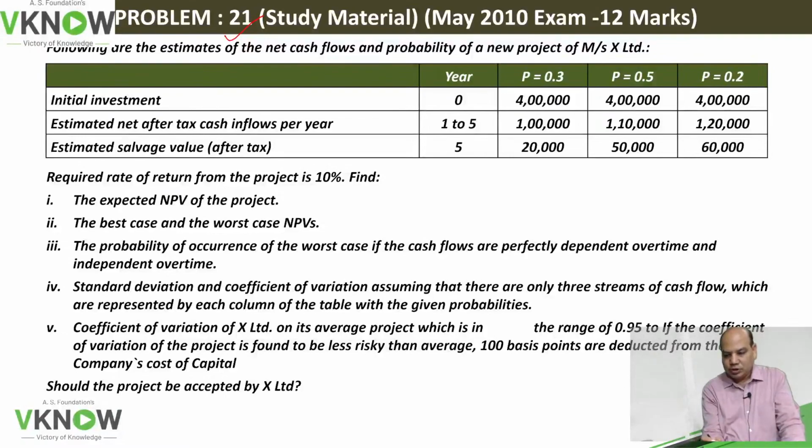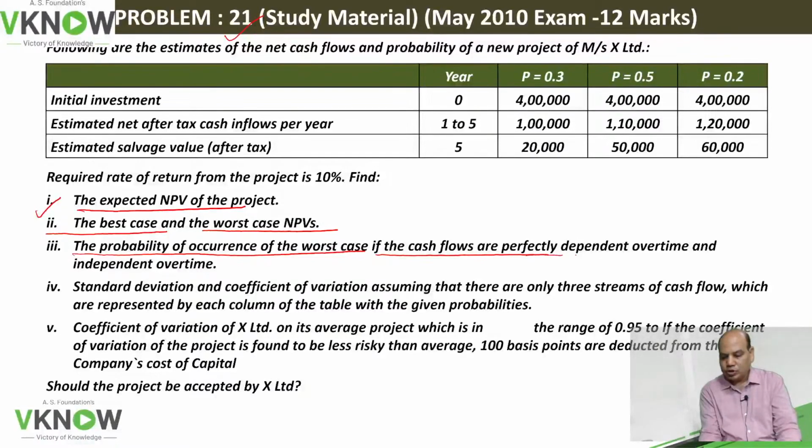So these are the questions. Expected NPV of the project, best case NPV, worst case NPV, the probability of the occurrence of the worst case if the cash flows are perfectly dependent over time and independent over time.